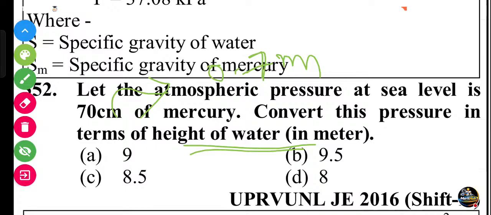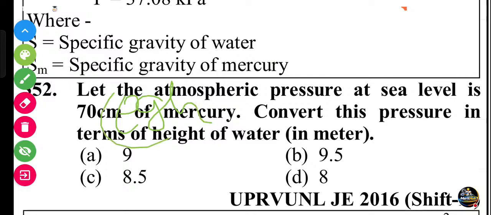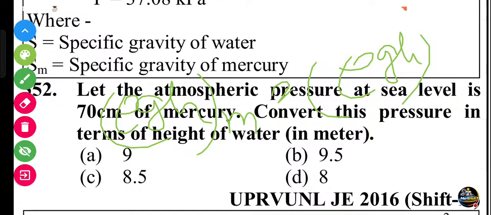In terms of meter, 1 atmospheric pressure equals 0.76 meter, the manometric height. You can solve by this process: P equals rho g h of the mercury equals rho g h of the water.